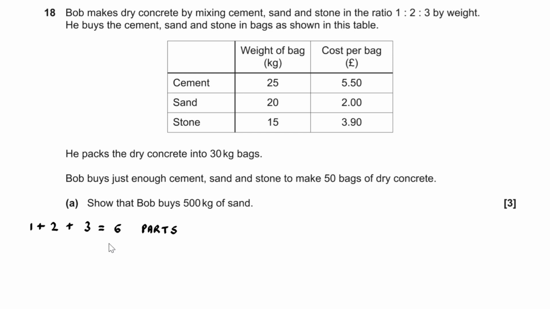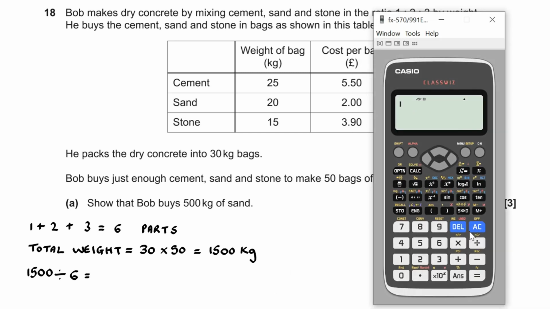And what we can do is find out the total weight we need. So, for the total weight, we would have 30 multiplied by 50, which is 1500. So we've got a total weight of 1500 kilograms. And therefore, 1500 divided by 6 is equal to 250.